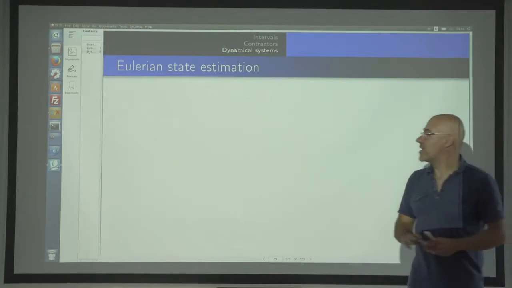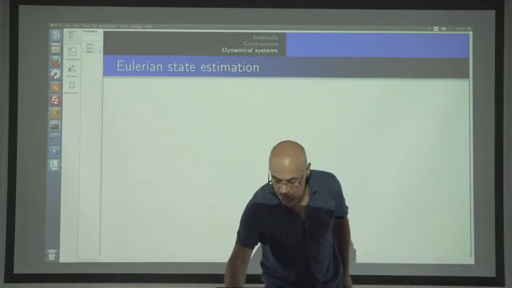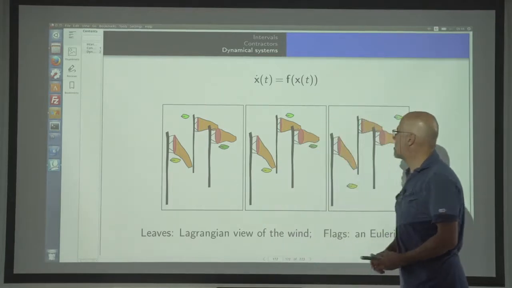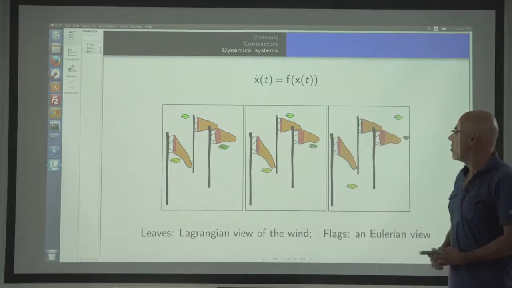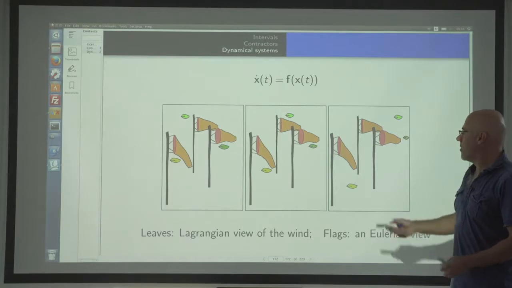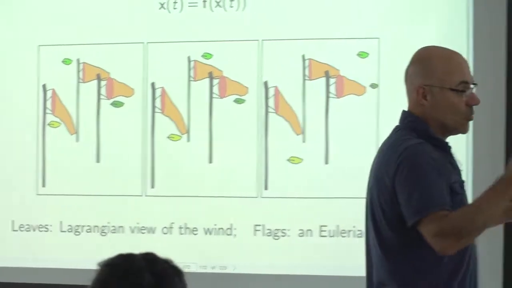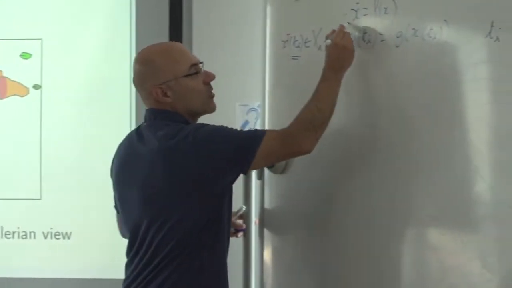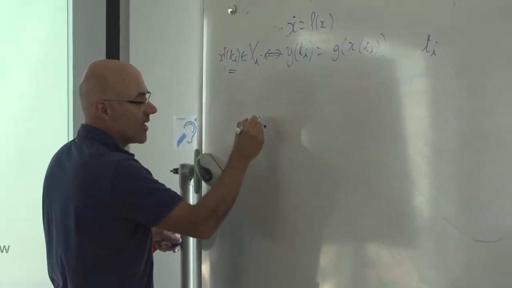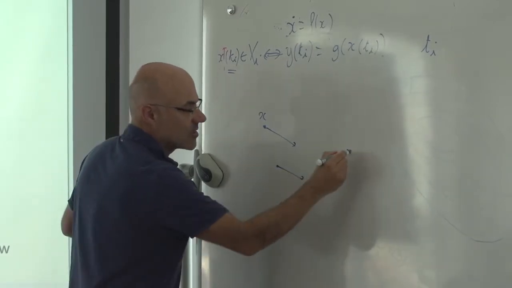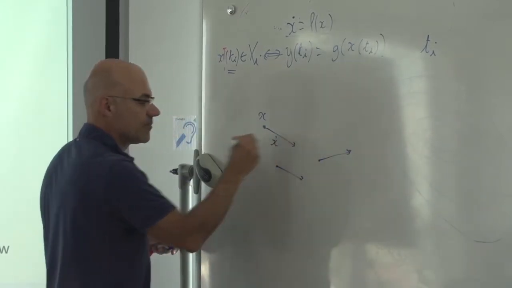So it is what we can call a Lagrangian state estimation, because ti is known. What is called a Eulerian state estimation is different. So I will try to explain two approaches to deal with state estimation. On this picture, when you have a differential equation such as this one, at x you have some direction like this, which corresponds to x dot.